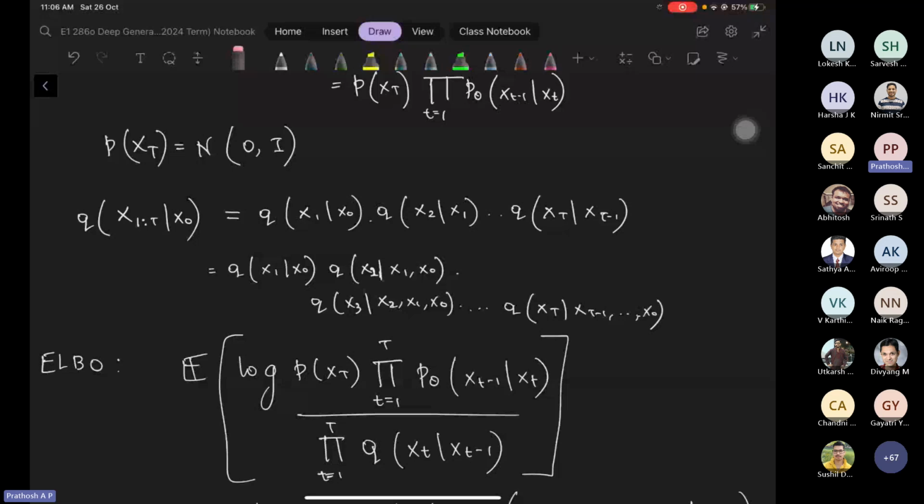Now, when you write it as a product of so many things, whatever distributions are independent, you can just remove them as they are constants. That's all that will happen. What will remain are the ones where the dependency is. So there will be q of xt given x naught and q of xt minus 1 given x naught. I've written that as q of xt, xt minus 1 given x naught. That's all. Makes sense now?